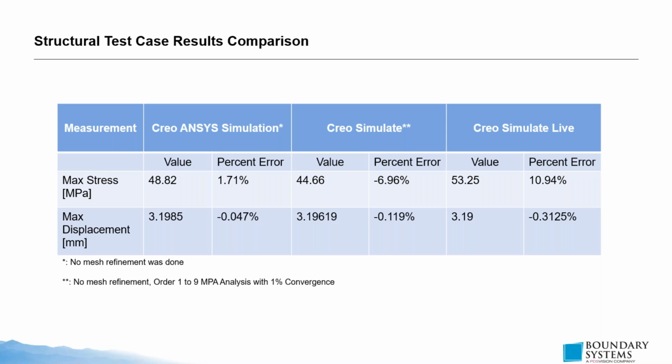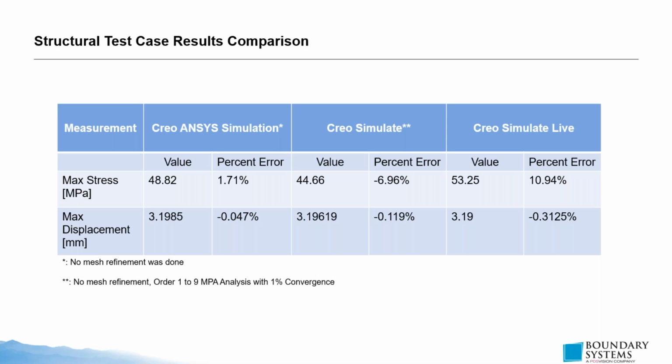Creo ANSYS does have the most accurate results with a very small margin of error in terms of stress and displacement. Creo Simulate follows it up, again, pretty small max stress and max displacement errors. And then Creo Simulate Live lags behind with a larger percent error in both stress and displacement.